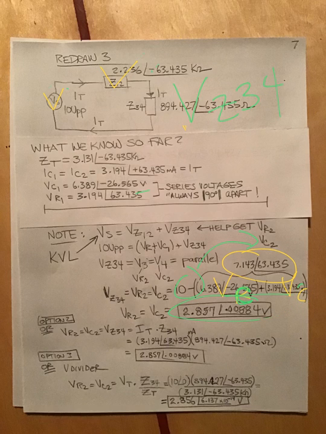Now, you say, wow, there must be another way around this. Yeah, there is. How about Ohm's law? Option number 2 says V equals I times Z, and the I going in is in red up here at the top. The I is the I total, which we solved back here a long time ago.